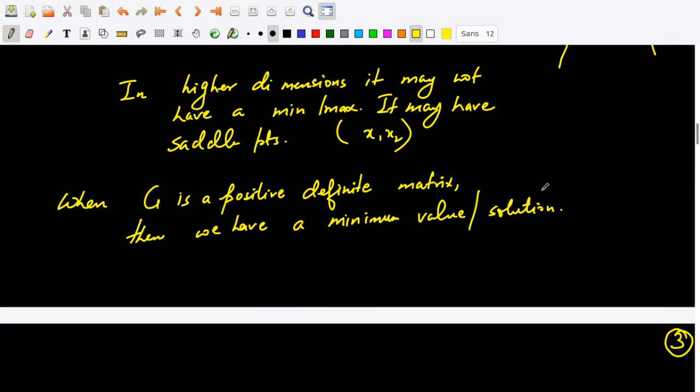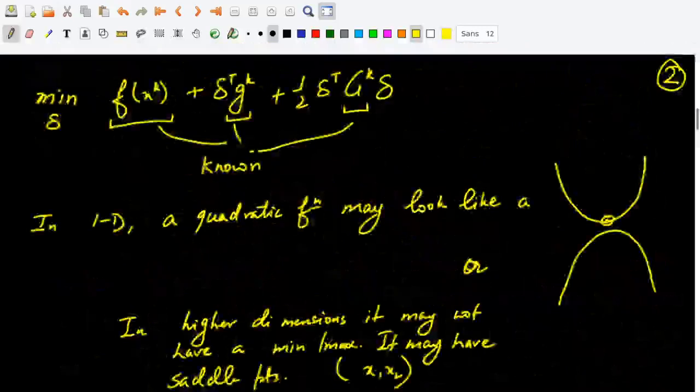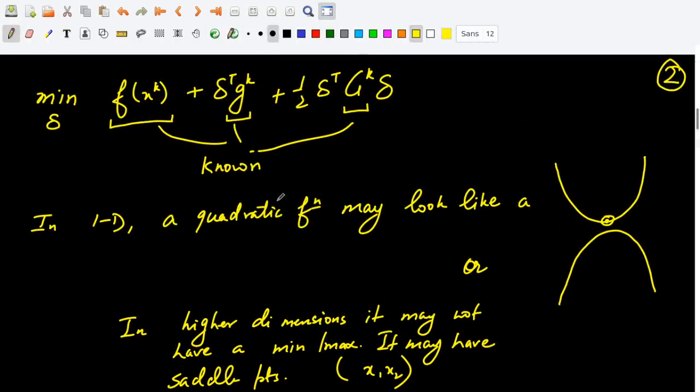So this is a sufficient condition. Whenever G is positive definite, we are quite confident that at least we will be able to find a nice delta by minimizing this function.